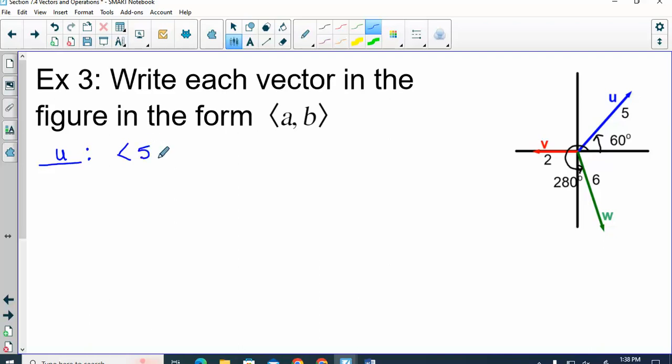So to get the first component, you do 5 times the cosine of the angle, which is 60. And for the second one, we would do? Since 60 is an angle we know, let's do it exactly. What is the cosine of 60? 1/2, so 5 times 1/2. It's just 5 over 2. What's the sine of 60? That would be 5 square root of 3 over 2. So that's vector u.